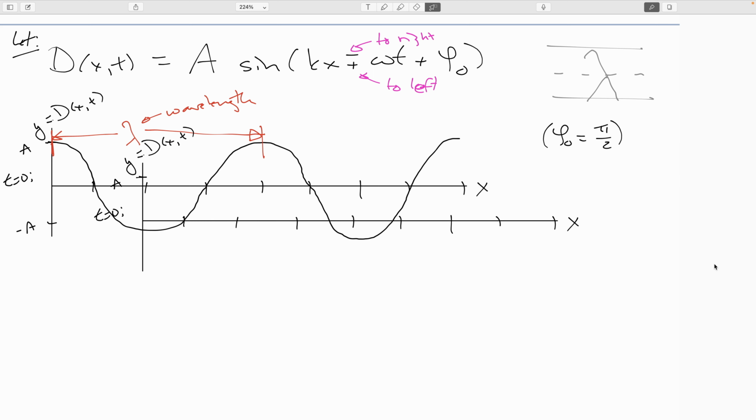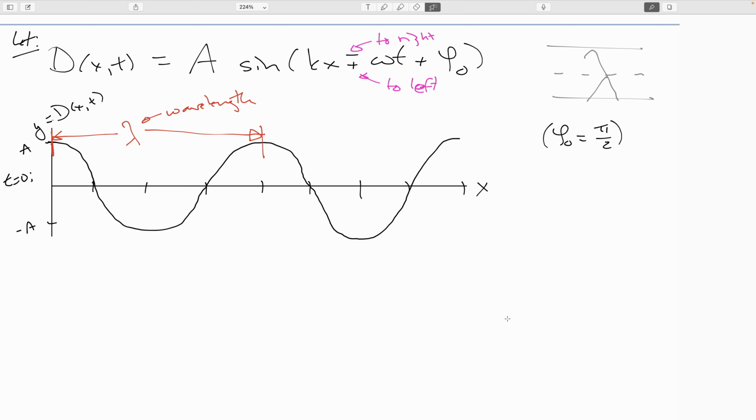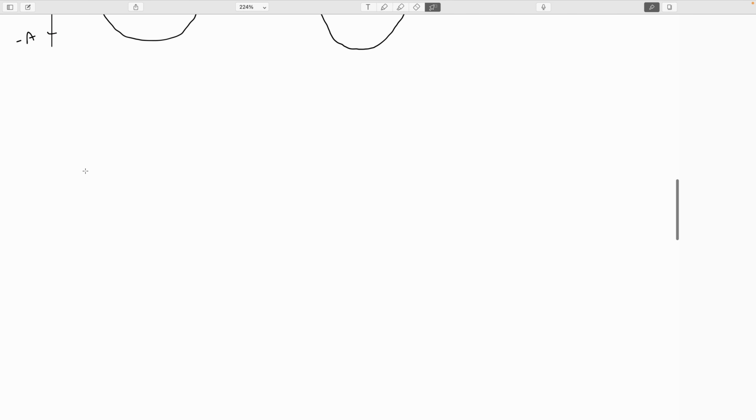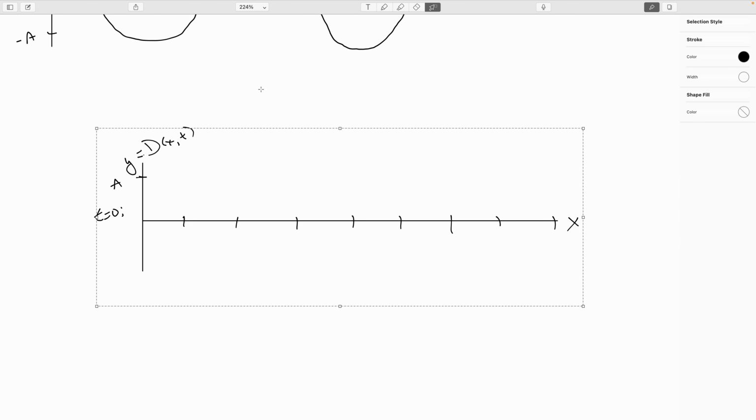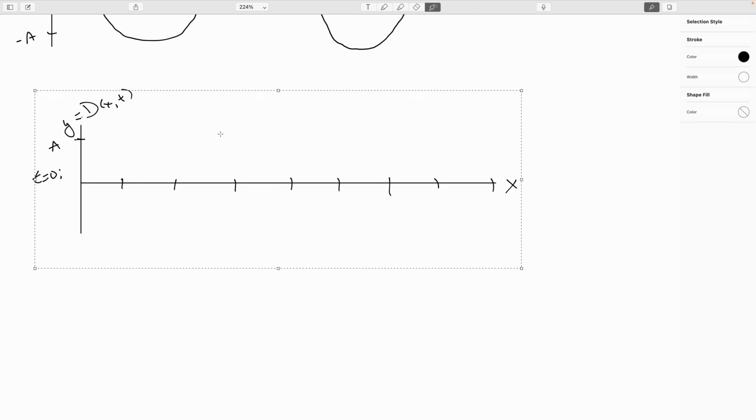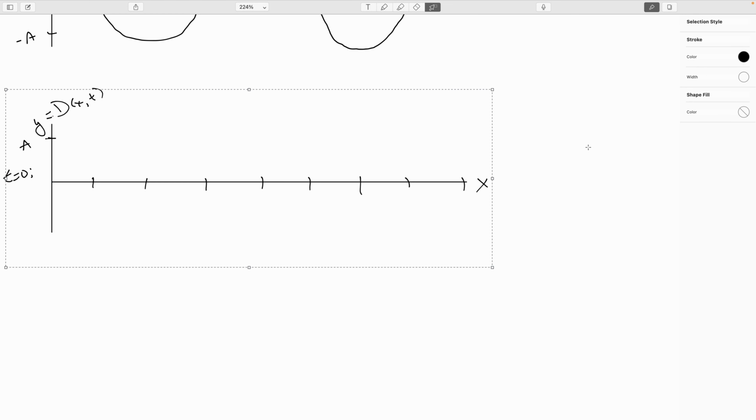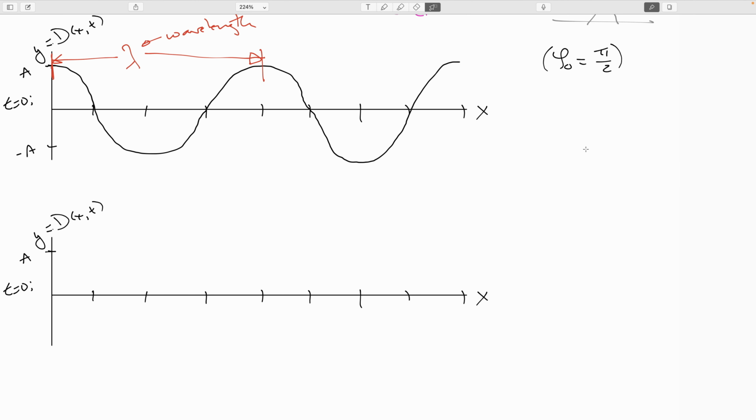All right. Well, let's go and look a little while later. So I'll put in another one here. There we go. So instead of this being at time 0, I'm going to cryptically call this time capital T over 4 for reasons that will make sense in a moment. The main point is that this is some later time.